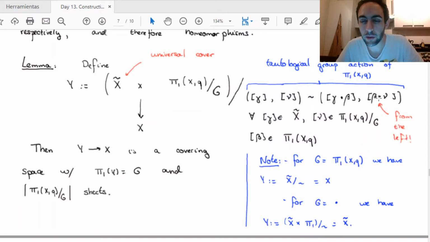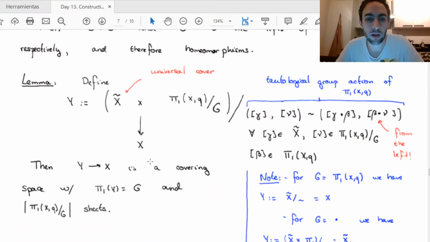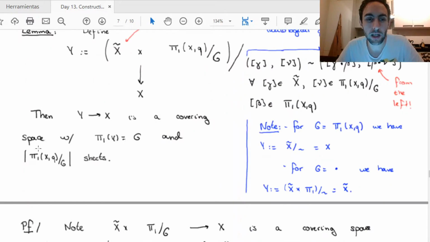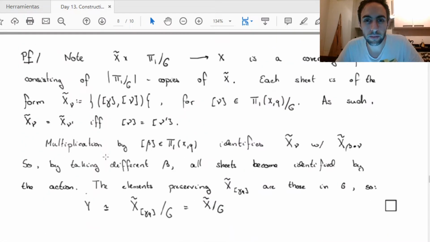And I claim that if you try to do the same by pre-concatenating, this is not well defined. Think about this. This is just a fact about groups and quotients and so on. All right. So the claim is that this quotient is a covering space, and it's exactly the same one we've constructed before. So in particular, its fundamental group is G, and it has pi 1 over G sheets. All right, let's look at the proof.